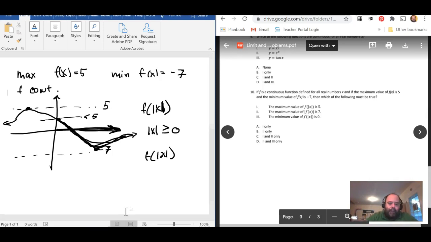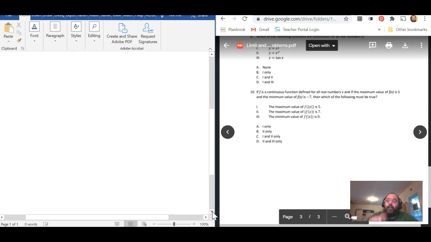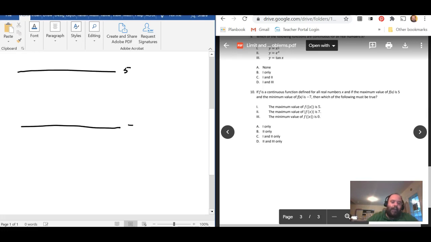All right, so let's look at number 2. Same restriction, maximum is 5, minimum is -7. No matter what I do here, right, so here's my x and y axis.